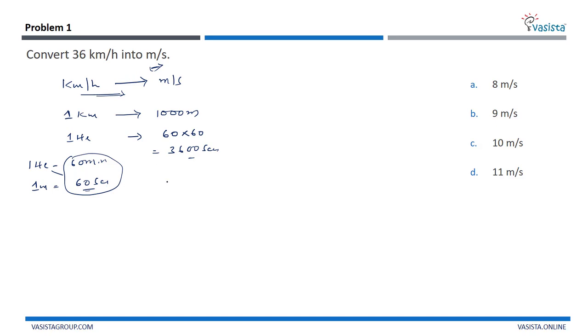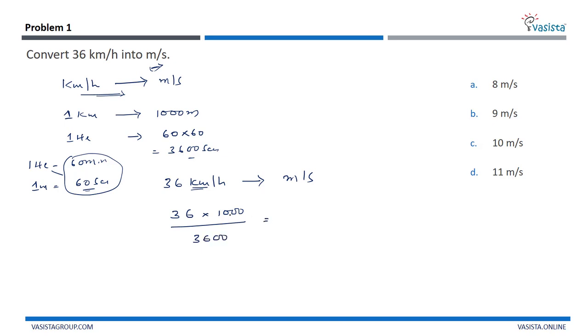Now to convert 36 km per hour to meter per second, I'll convert kilometer into meter, that becomes 1000, divided by 3600.